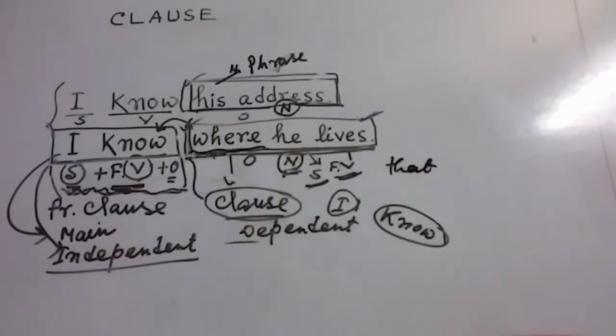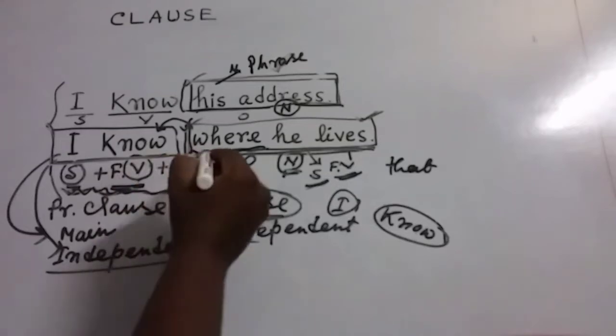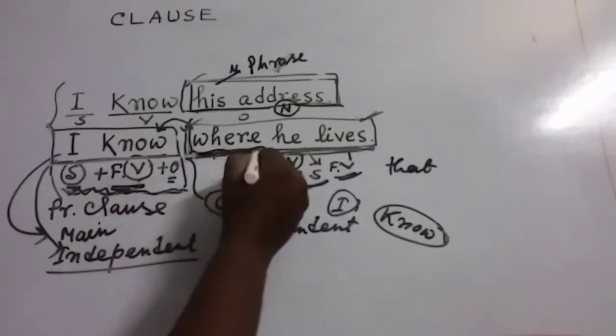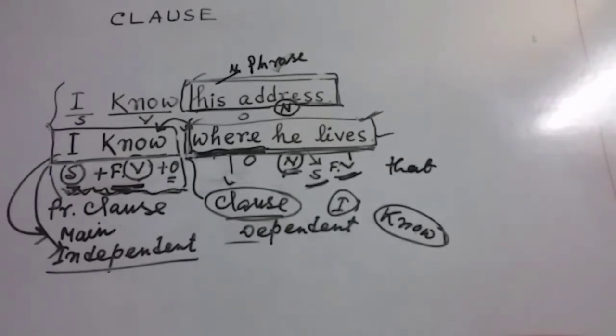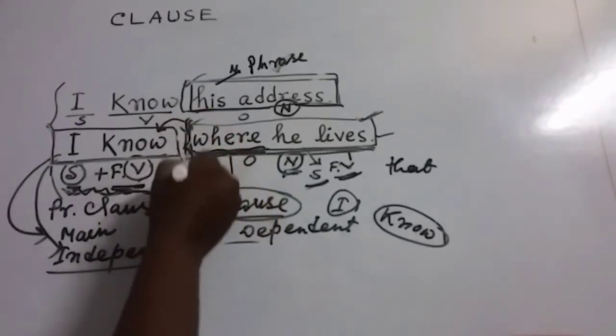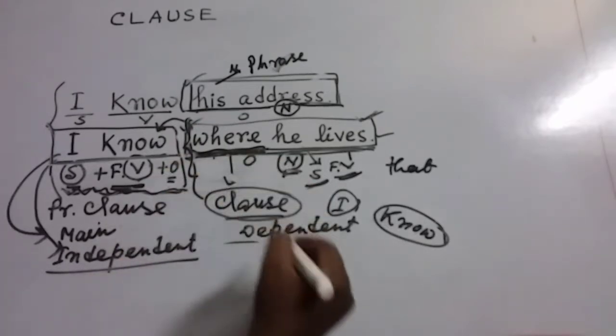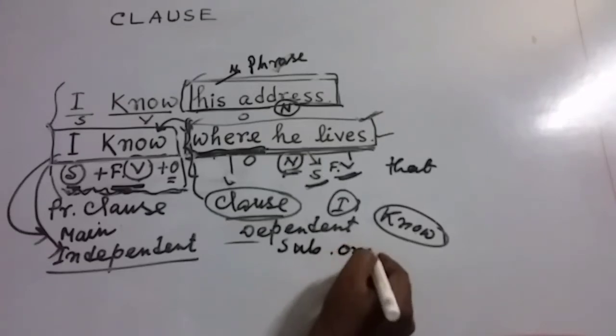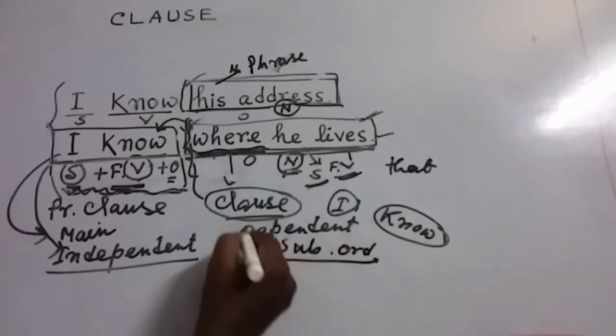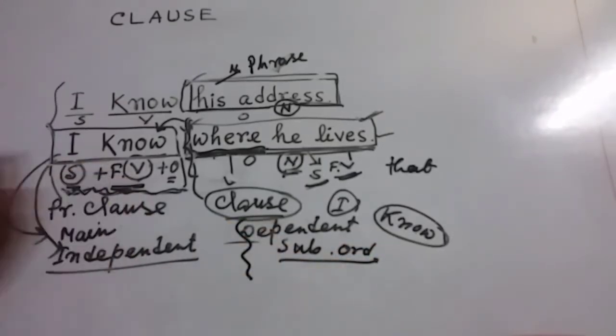These are basically relative pronouns and relative adverbs. So with the help of the relative pronouns or relative adverbs, we can form the dependent clause, or the subordinate clause. This part is also called subordinate clause, or dependent clause, and this part is called principal clause.